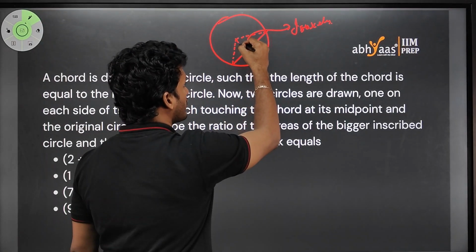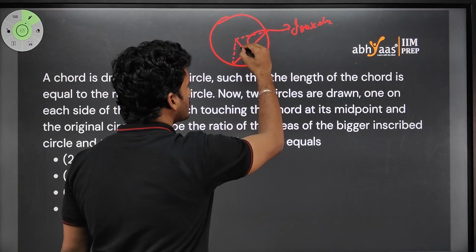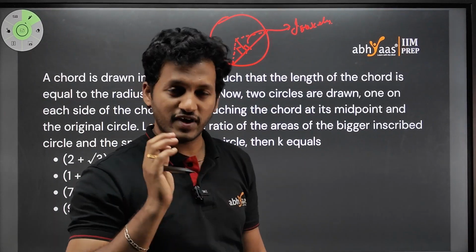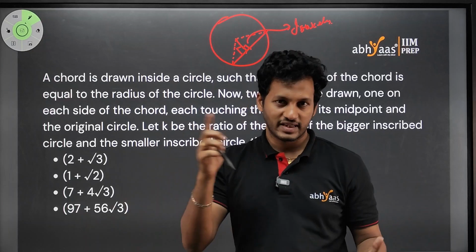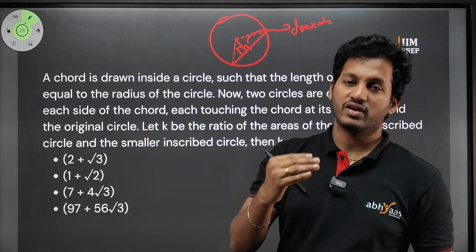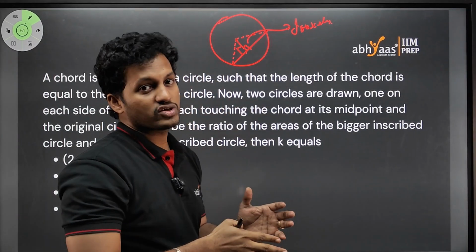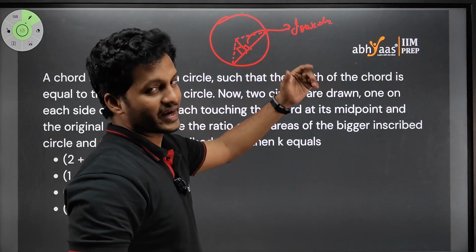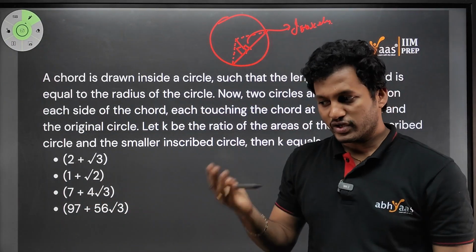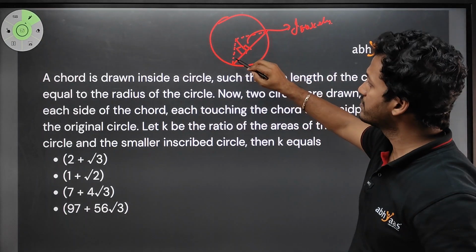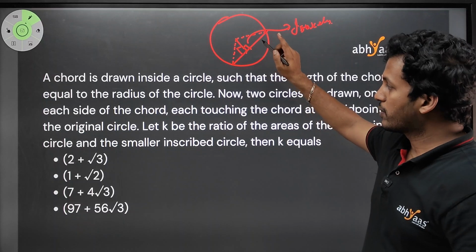And if you draw a perpendicular from that center to that chord, it will divide it into two right angle triangles for sure in any circle. This property can be applied to any circle. In a circle, if you draw a chord, it will make an isosceles triangle with the center, and if you divide that isosceles triangle, it would make two right angle triangles. That is the property that we already know with isosceles triangles. But what is new here is that whenever you draw a chord, it will form an isosceles triangle in a circle. So now with that property we'll apply this one.